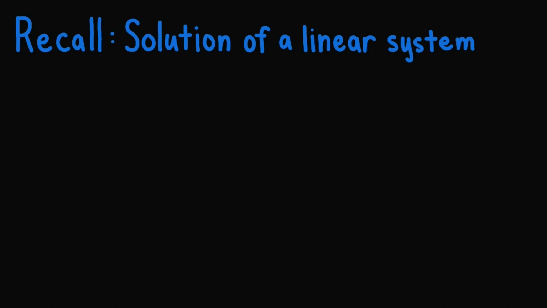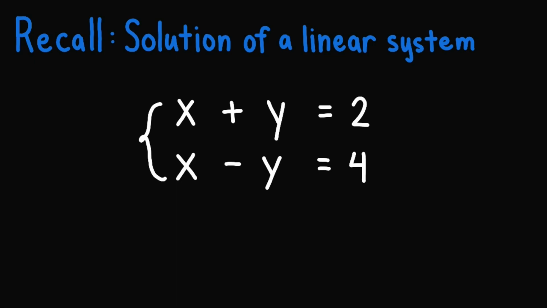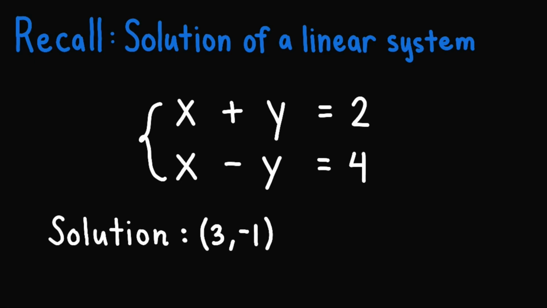As an example, we had the system x plus y equals 2 and x minus y equals 4. We showed that its solution is given by the point 3, -1. Now the question is, how do we obtain this value from scratch?